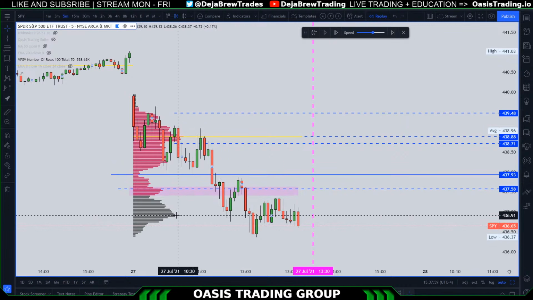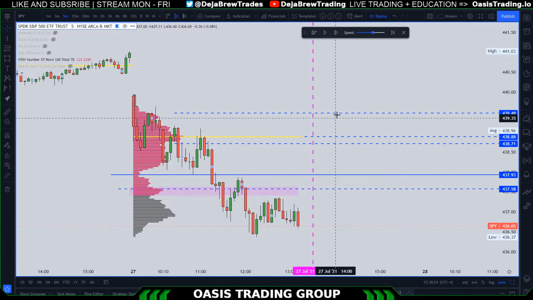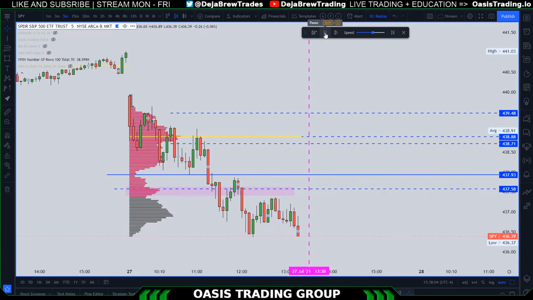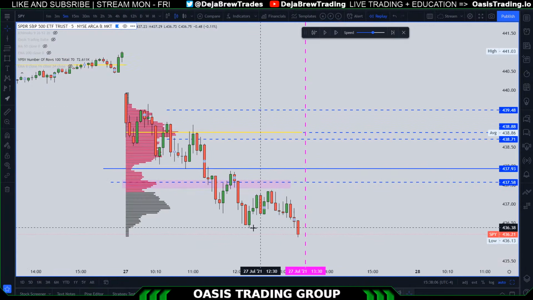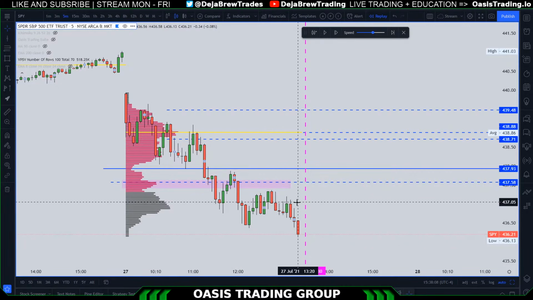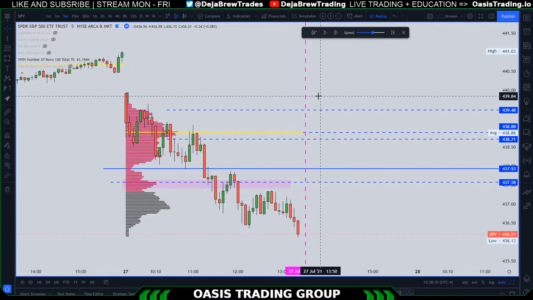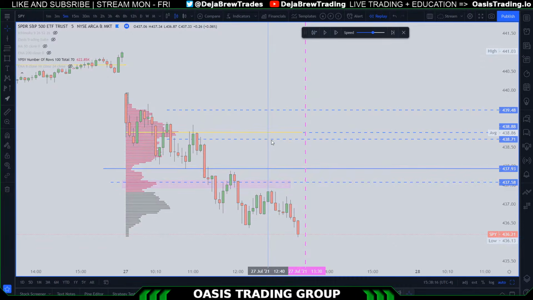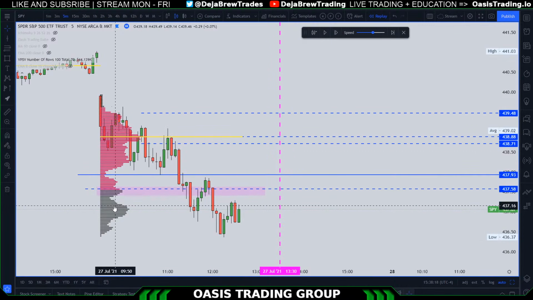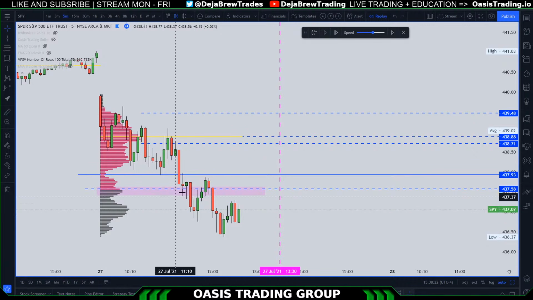So the more we lose this, the more bearish today is. Okay, and there it goes. You see how it starts to push away from that level? You notice how, let me actually go back a little bit. Let's go back to like here. Watch how this happens. Pay close attention to the node here.